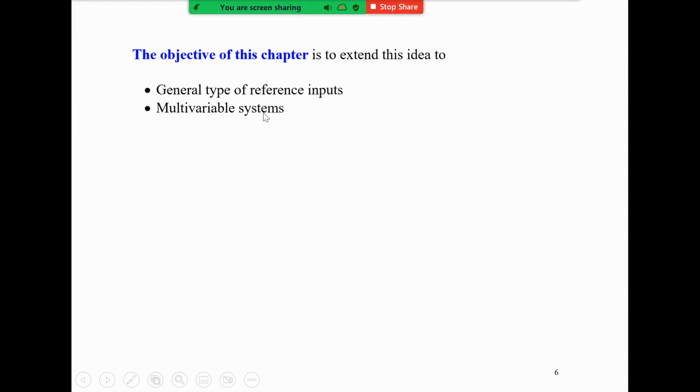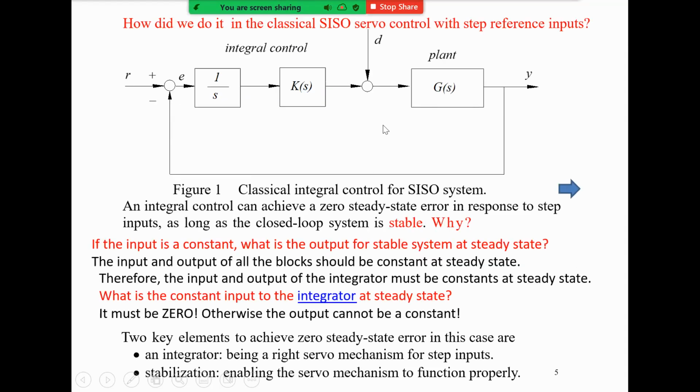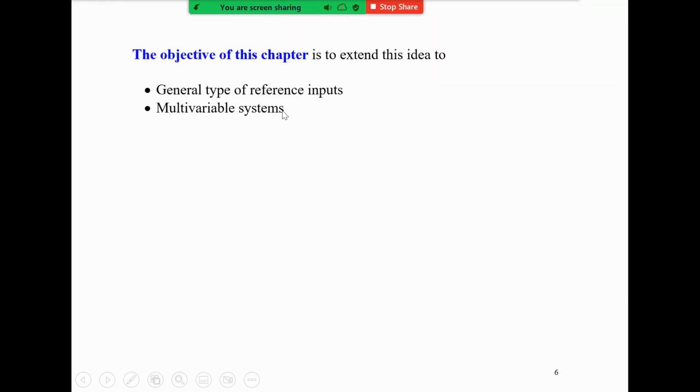And also, in this configuration, of course, all the signals are scalar, right? The output is one number, right? The reference output is also one number. Here, of course, we want to generalize to the multiple input and the multiple output system. Okay, so today we are going to learn those two parts.